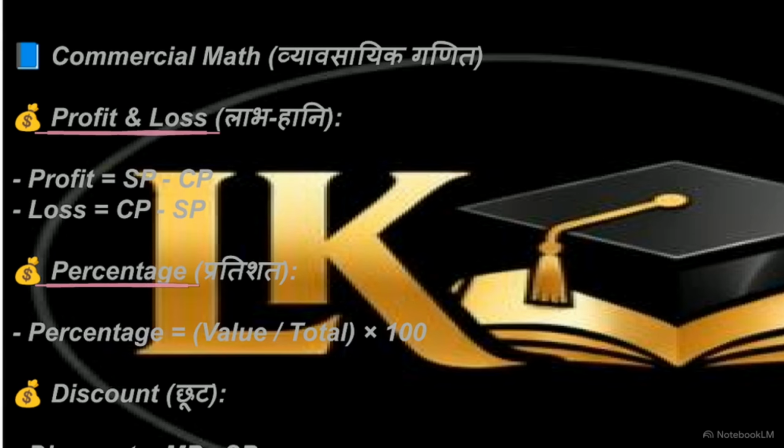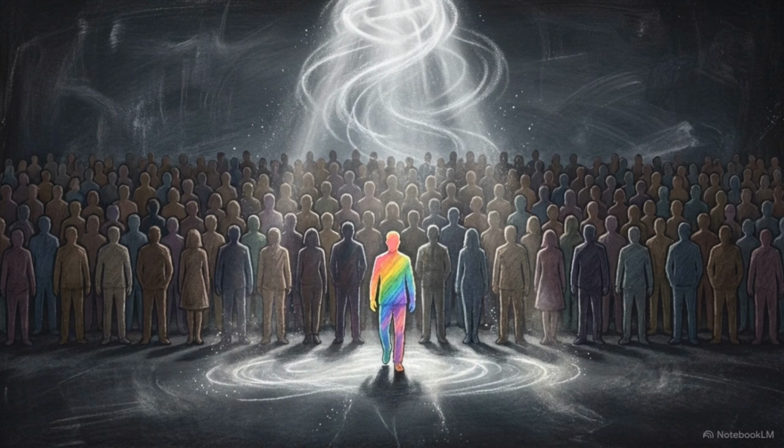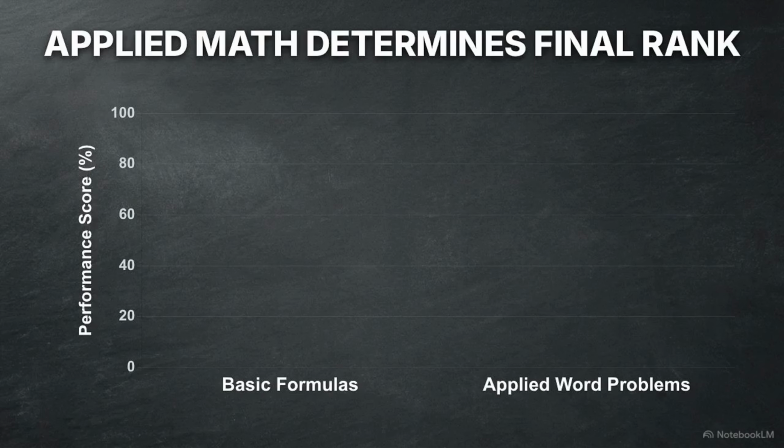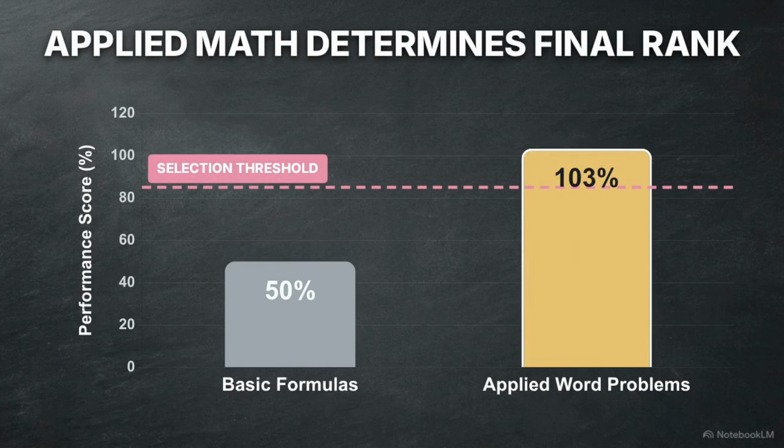Look closely at the bottom of this slide. The exam routinely tests statistics and probability, requiring you to quickly distinguish and calculate the mean, median, and mode of datasets. Mastering this fourth pillar is what separates the pack. Everyone can pass the basic formulas, but solving applied, real-world word problems is what determines your final rank.